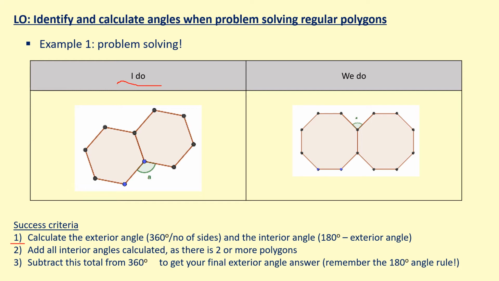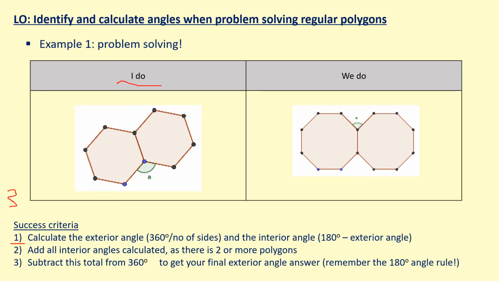Number 1, calculate the exterior angle. Well, we've just talked about how to do that, so let's do that first right away. Now we do it for each polygon, so we've got 12 sides. We just do it as we normally would. We just use 6 here because it's a hexagon.